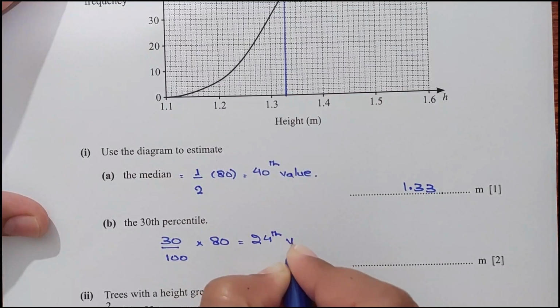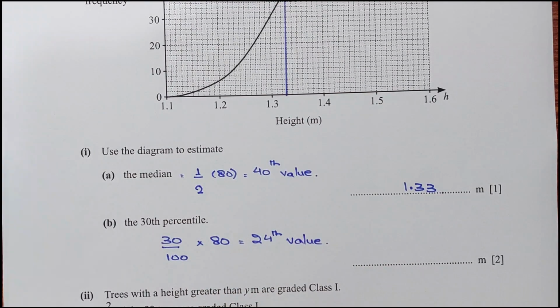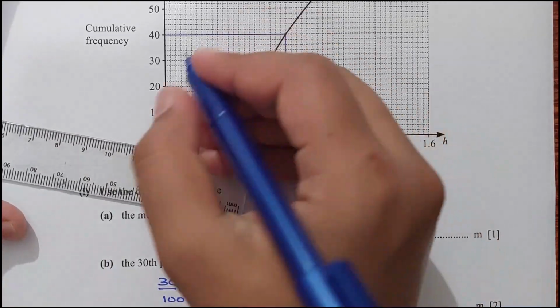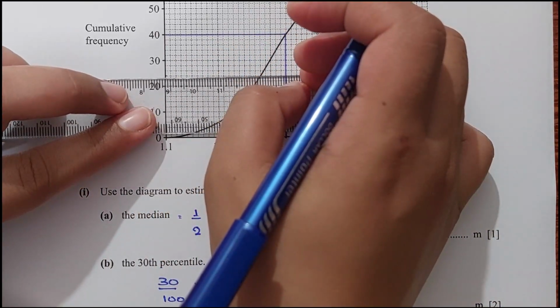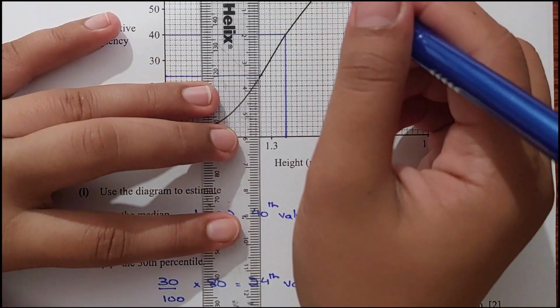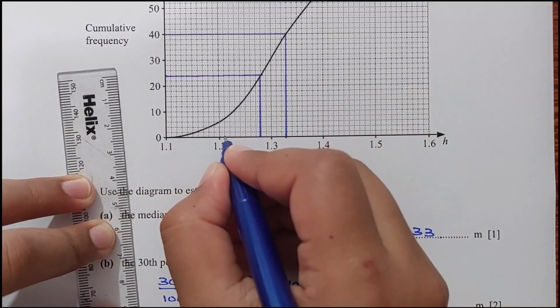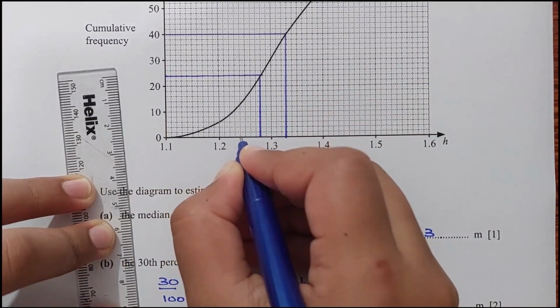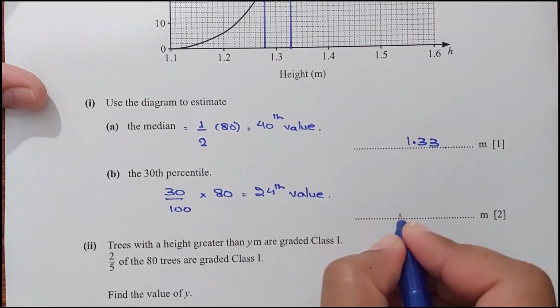That would be the 30th percentile. 24. Okay, we have 22 and 24. This is over here. Let me read the graph. This is 1.2, 1, 2, 3, 4, 5, 6, 7, 8, 1.28 meters.